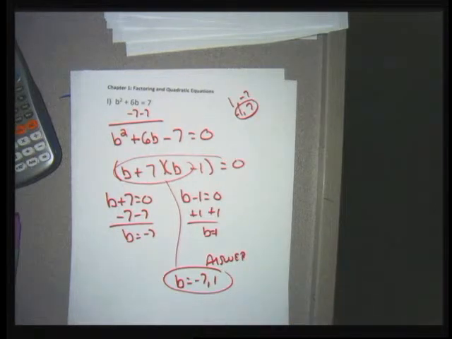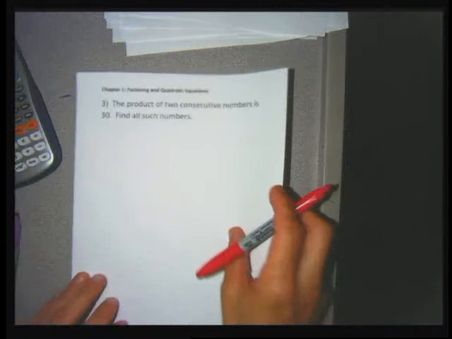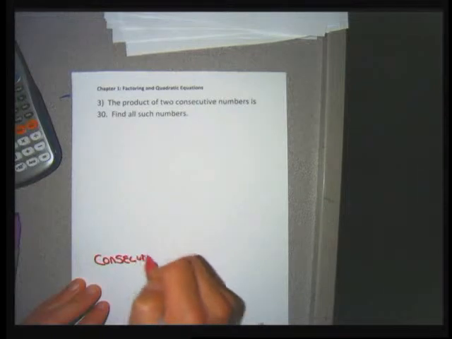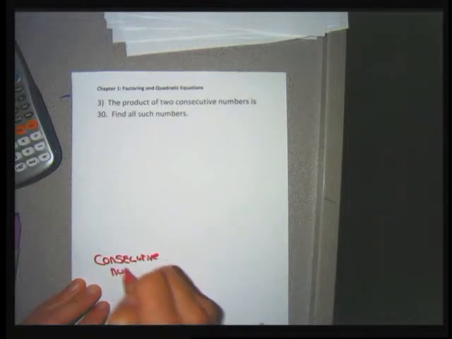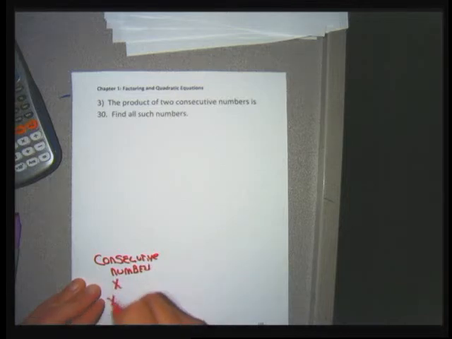Now the 3 word problems. Hopefully the word problem section didn't kill you, and hopefully you can get them again. So first of all, we have to remember consecutive numbers versus consecutive even numbers and consecutive odd numbers. If the test says consecutive numbers, then the numbers are x and x plus 1.